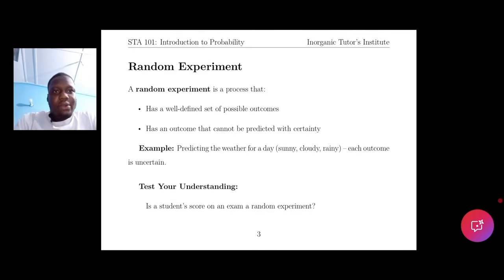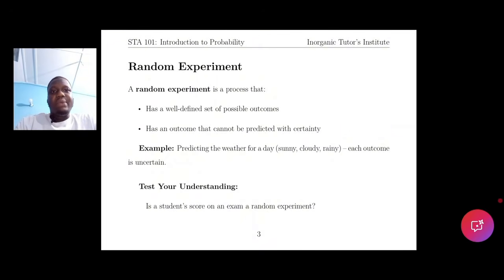Now let's come to random experiments. We say it's a process that has a well-defined set of possible outcomes. So for an experiment to be called a random experiment, firstly, the outcomes that might be realized after the activity is conducted should be well known even before the activity starts.